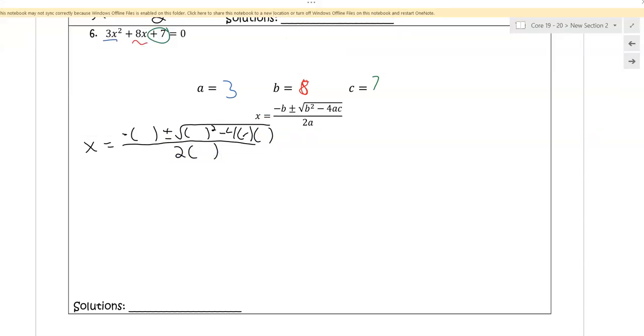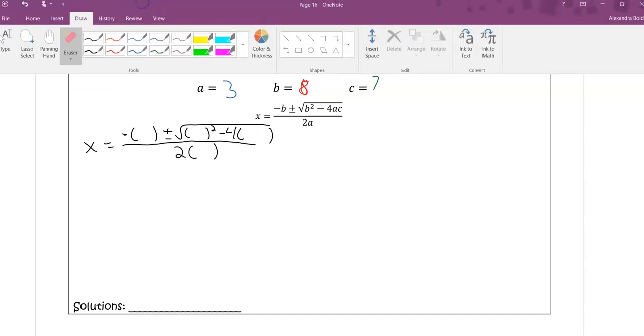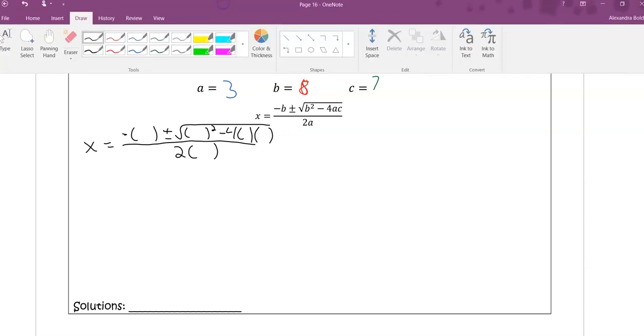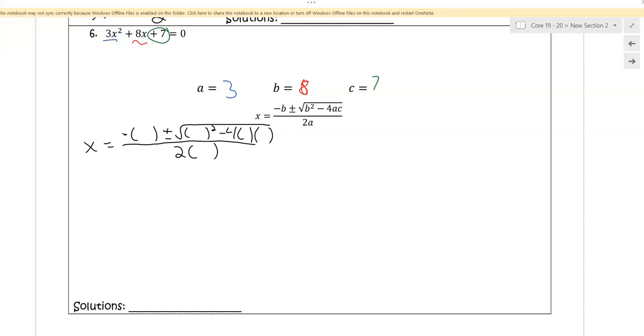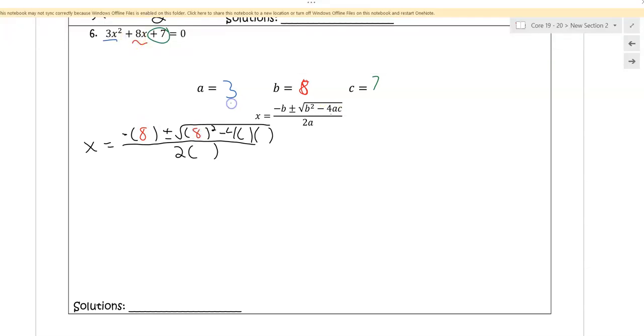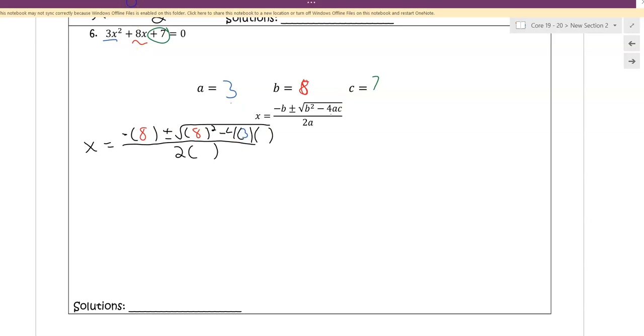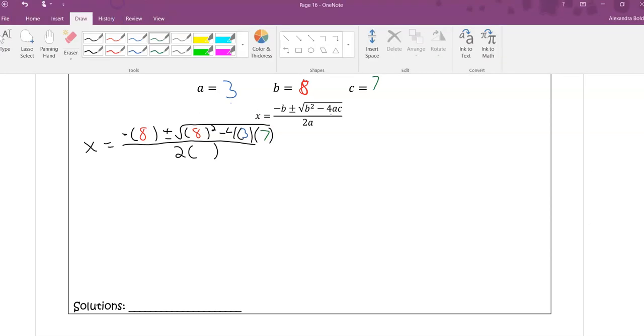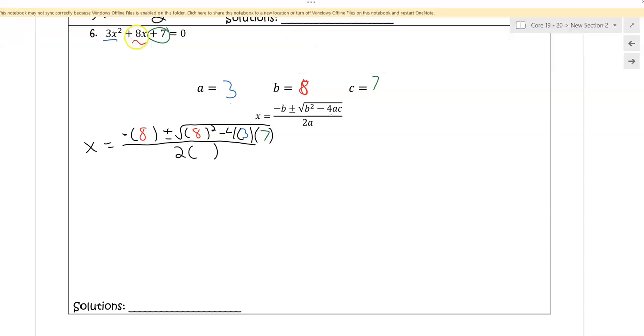So again, our first letter is b, and so b is 8. Our next letter is a. a is 3. c is 7. And the bottom is 2 times 3.